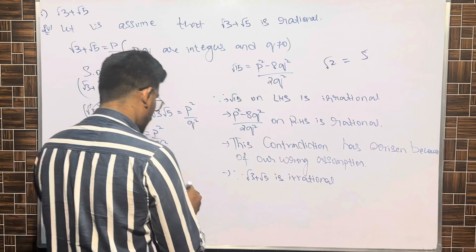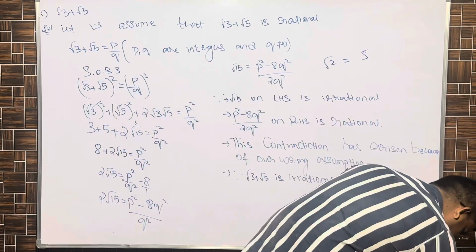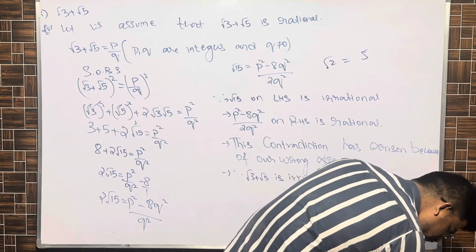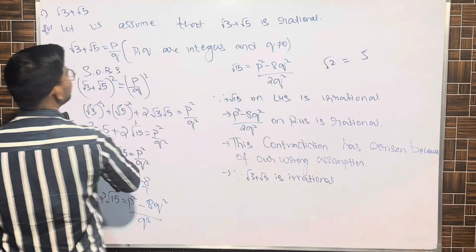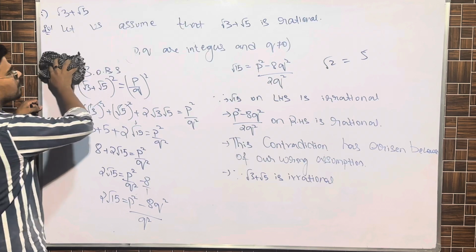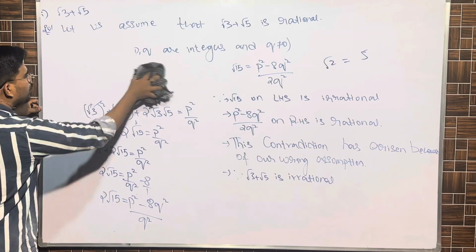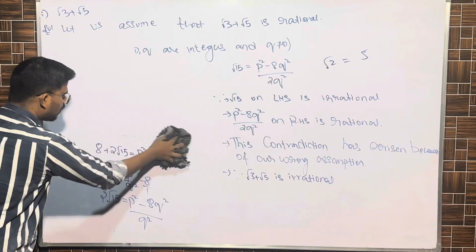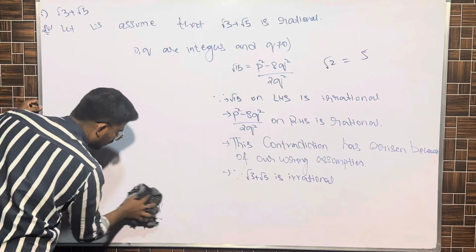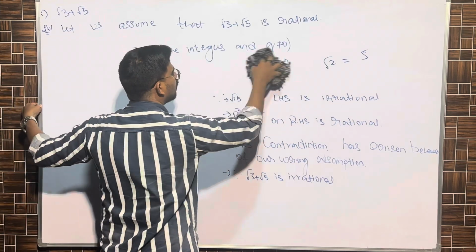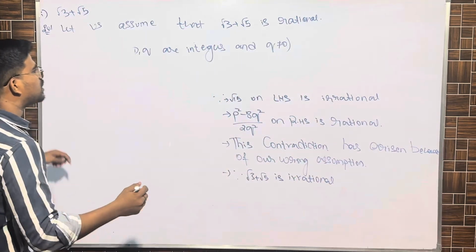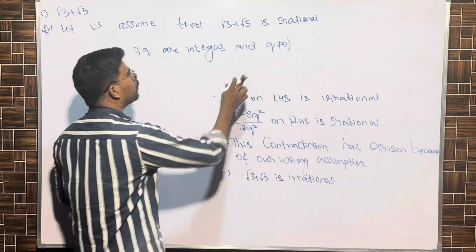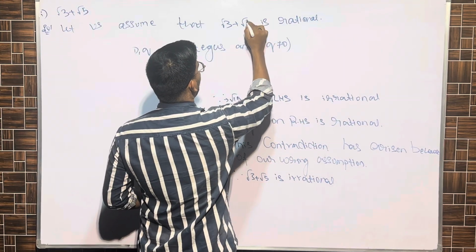Now, let us jump on to the second question of this type. Same question, just different numbers. Let us prove that root 3 plus root 2, or root 2 plus root 3.